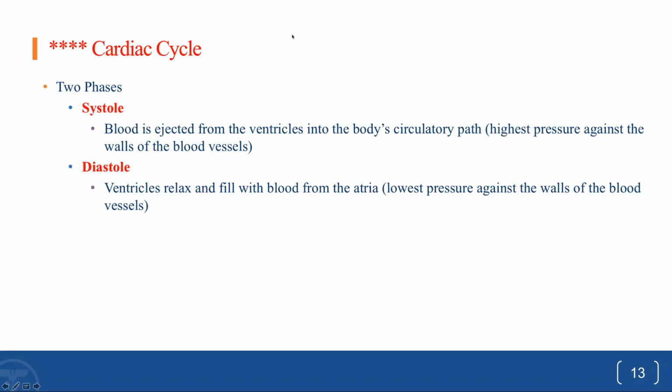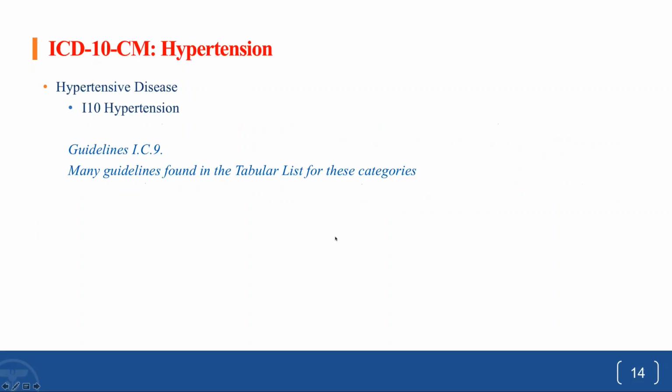We know with the systolic, blood is ejected from the ventricles. What's important here is that's where it's the highest pressure. Systolic is the highest pressure against the walls. And then your diastolic is when they relax. So systolic, highest pressure; diastolic, when the ventricles relax.